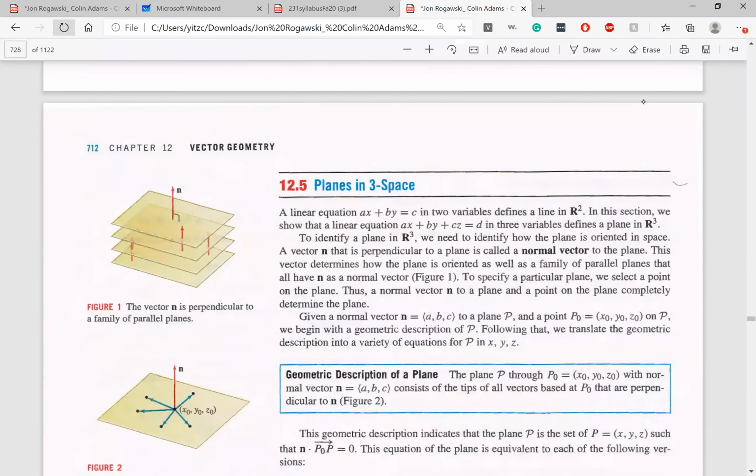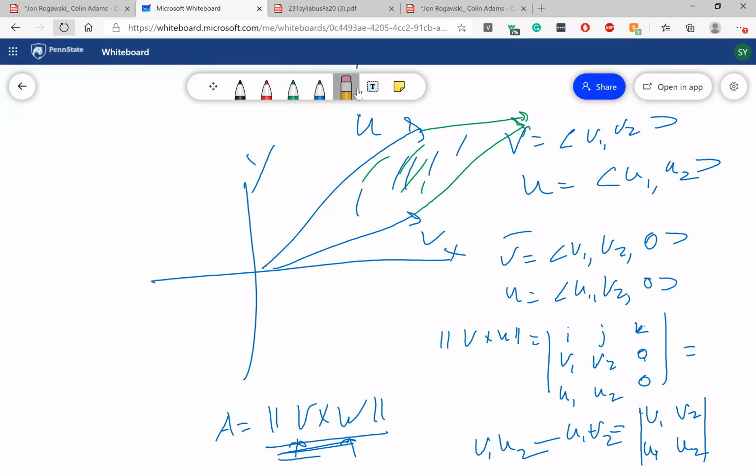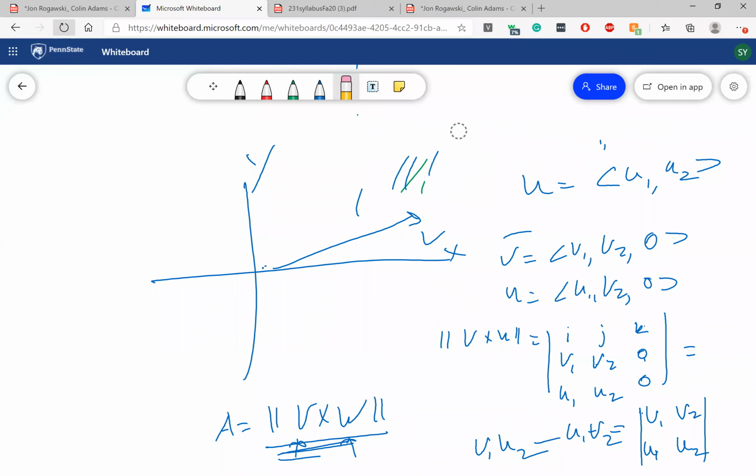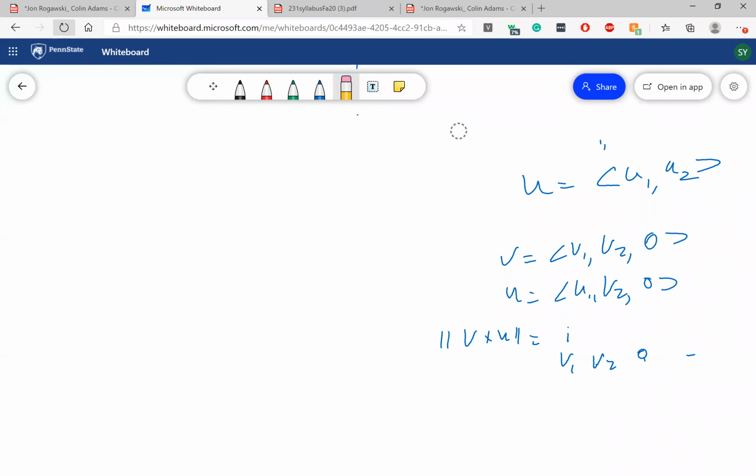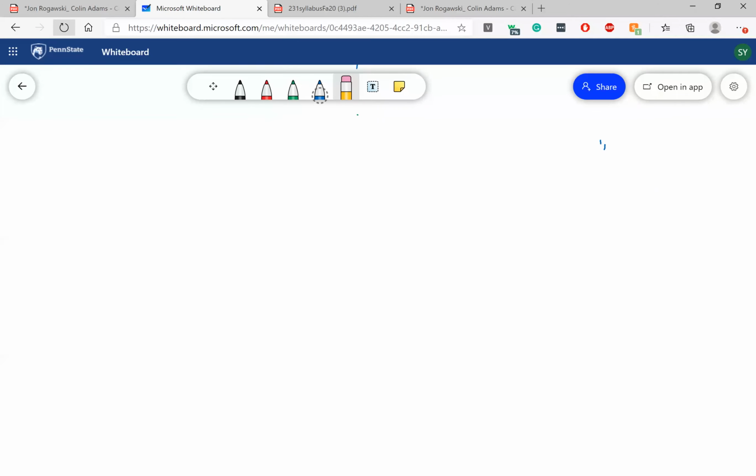Okay, so let's continue with what a plane is. The formula for a plane that we're going to see a bunch of times is the formula ax plus by plus cz is equal to d. This is the formula for a plane.